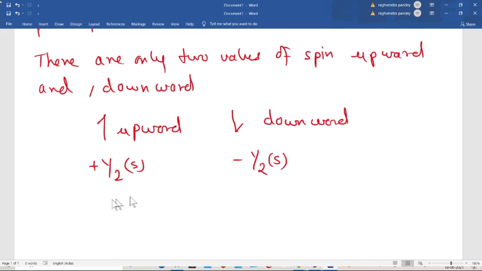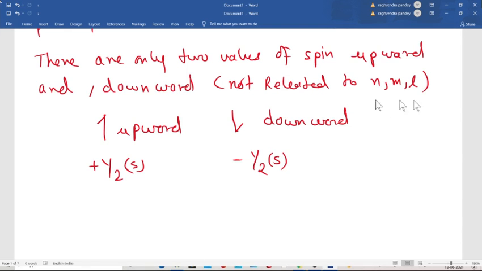So irrespective of n and l values, it has only two values, spin upward and downward. They are not related to n, m or l values.